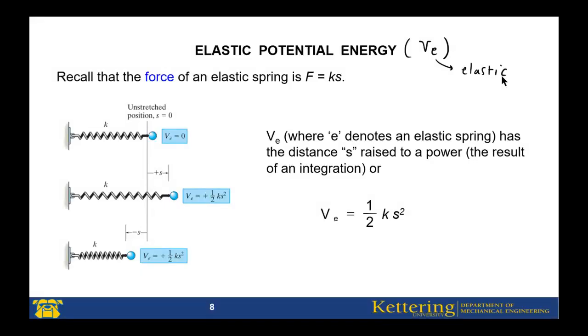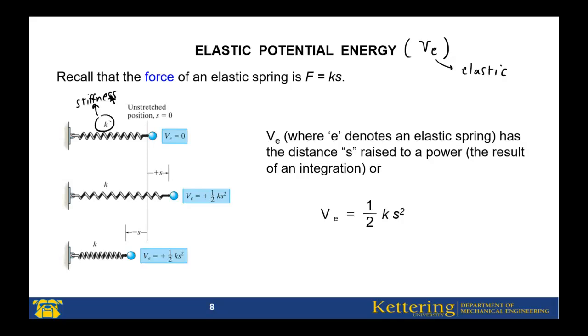Now, for a spring that has a stiffness of k, if I start to stretch the spring by an amount of s, you will see that s is measured from the unstretched position.